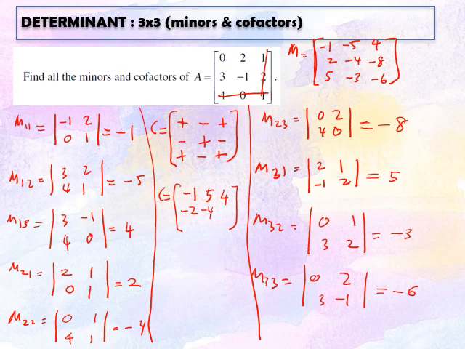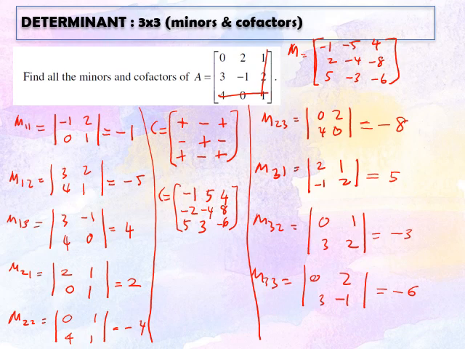Here is negative 8, so it becomes 8. 5 here is positive, so 5. Here is negative 3, negative here, so it becomes positive 3. And here is negative 6, positive, so it doesn't change the value.